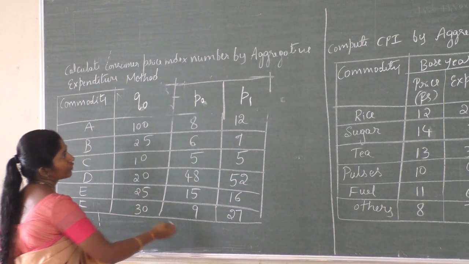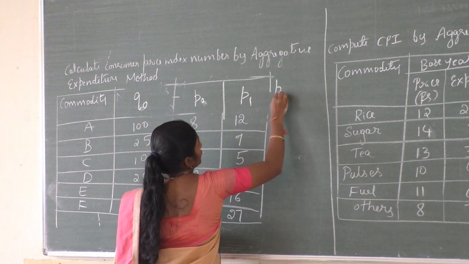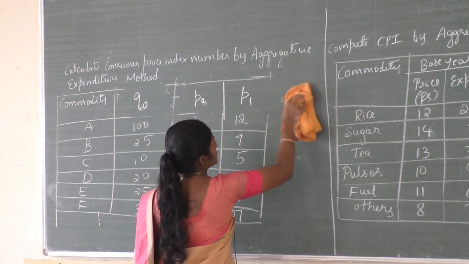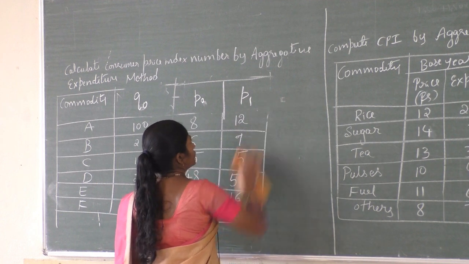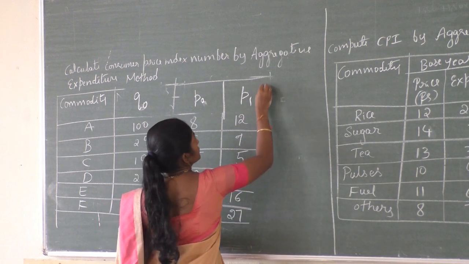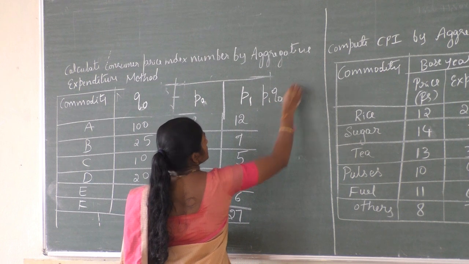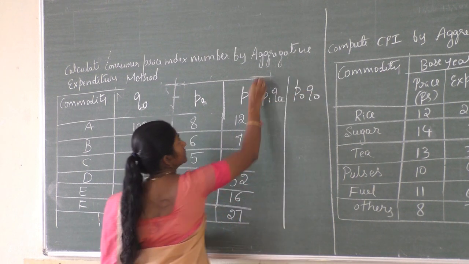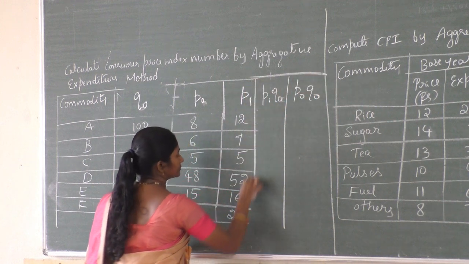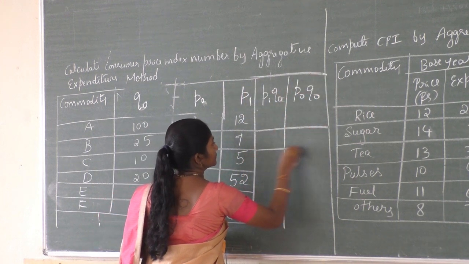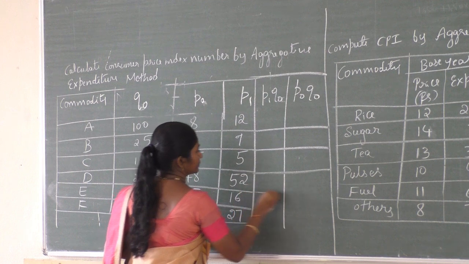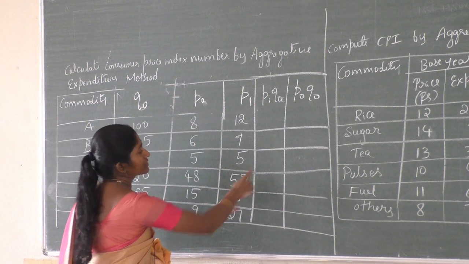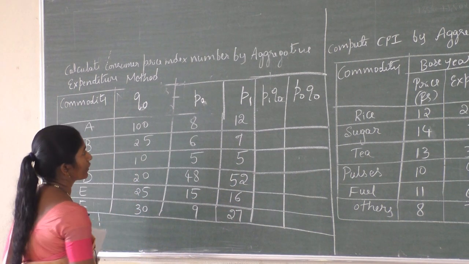Which ones do you have to find out? That is P1 Q0, and another one, P0 Q0. These two columns we have to find out.